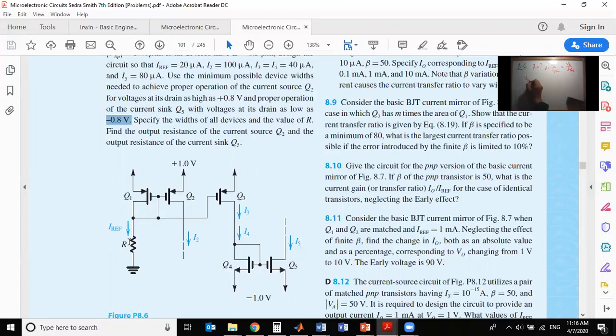How much is VG? It is VDD minus VSG. So this voltage here in the middle equals this voltage minus VSG. So we need to find VSG. Well, if you remember from the equations that I wrote in the beginning, VSG as a magnitude equals V overdrive as a magnitude plus V threshold P as a magnitude.